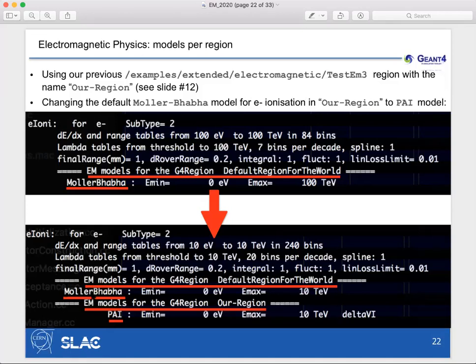The model you had previously is used everywhere in your detector, except our region, where this PAI model is used to describe the ionization of the electron. So you can verify from just reading the printout that everything works as you expected.